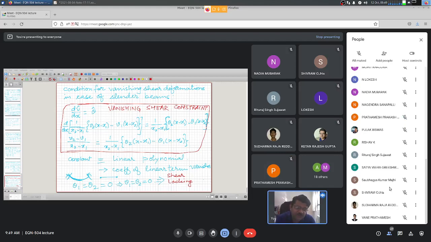Yes, one solution is that just two elements is not going to solve the problem. It will still be flexible in shear, it will still be a slender beam, and the vanishing shear constraint will apply to both the elements. So one way is of course to divide it into a very large number of elements.